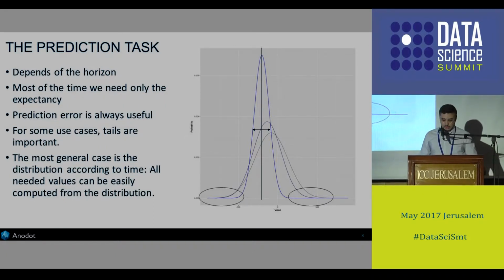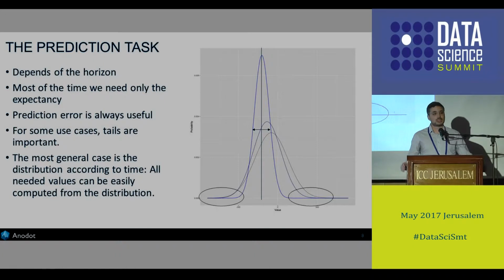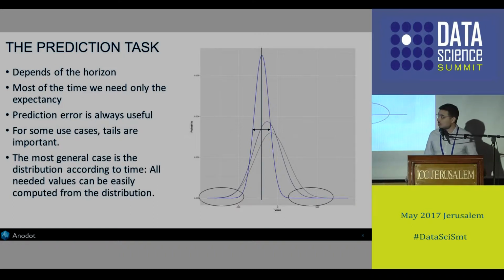But in the most general case, for some other cases, we are also interested in the tails of the distribution. For instance, you're working at PayPal. If you want to make a prediction of fraud, we are not interested in the expectancy. We are interested in the worst cases we can have. For some companies, the tails can be a synonym of bankruptcy.